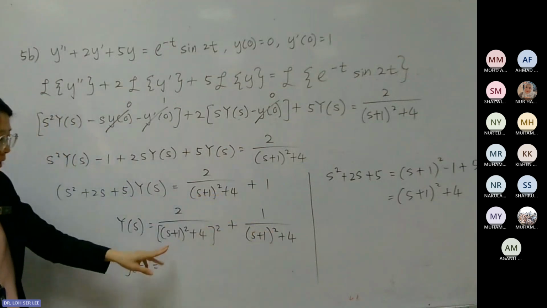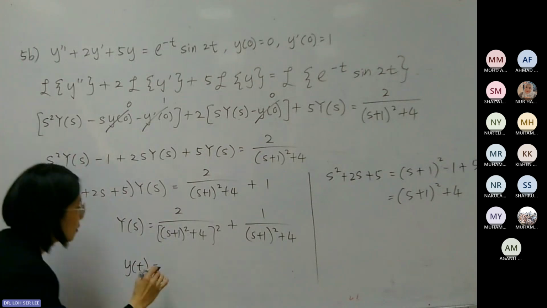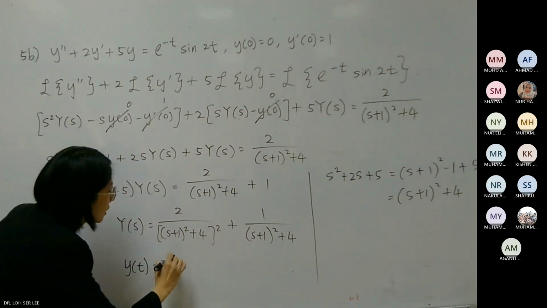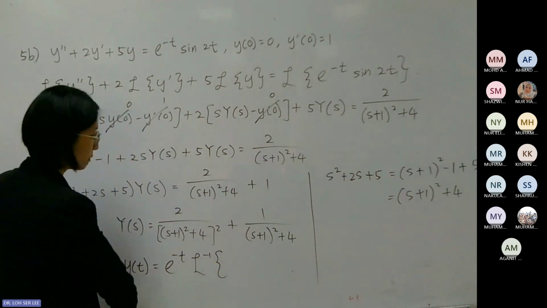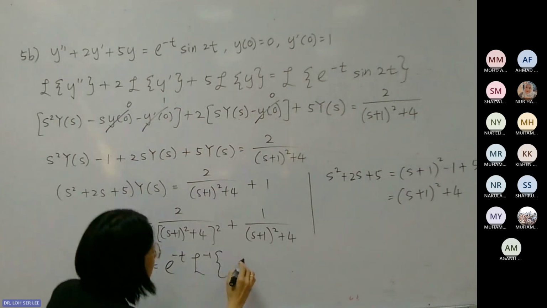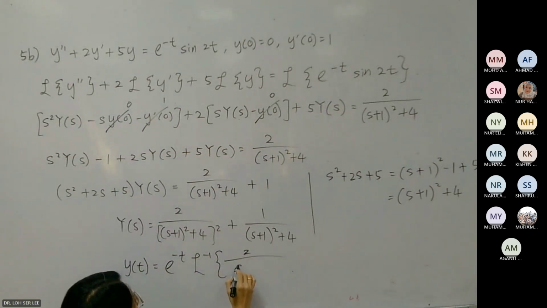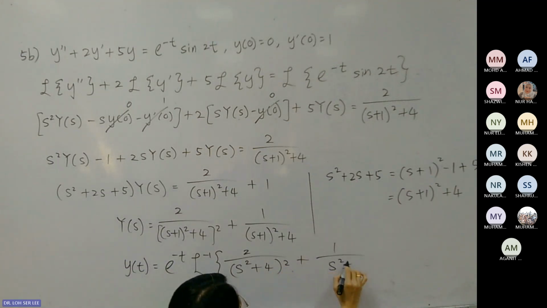So take out the plus 1, you get e to the minus t, inverse Laplace of 2 over (s squared plus 4) squared plus 1 over s squared plus 4, right? All right, after you take out the plus 1.